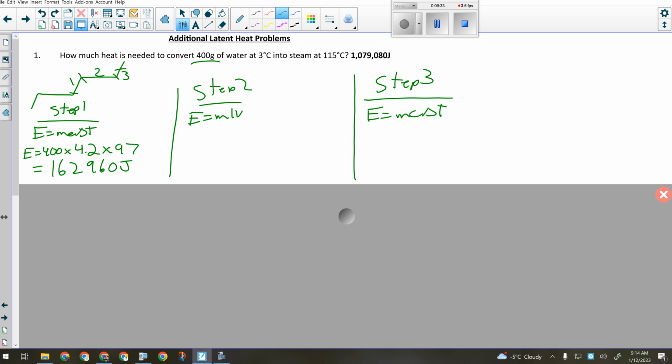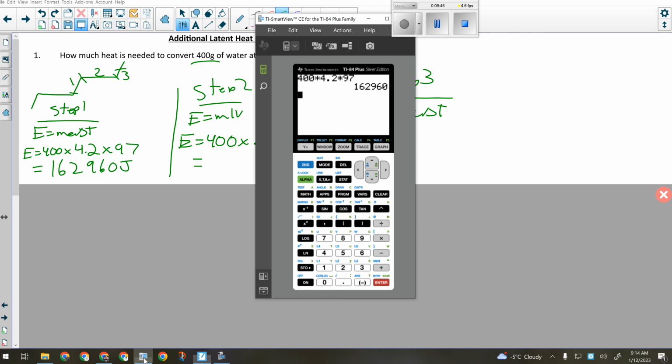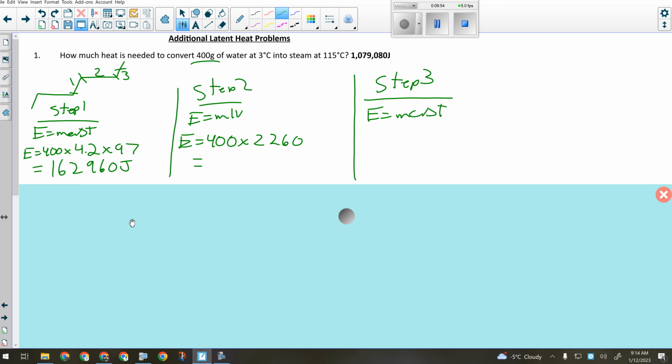joules. Then in step 2, I would still have 400 grams, and now I'm vaporizing it, so I have to multiply by LV, which is 2,260 joules per gram. So 400 times 2260. That's going to take 904,000 joules.